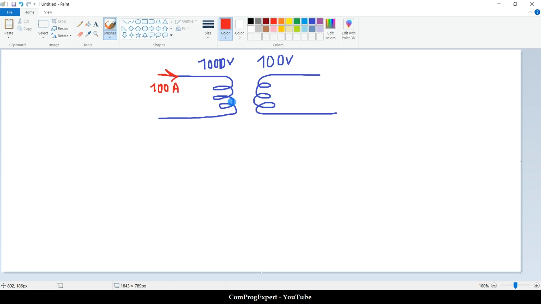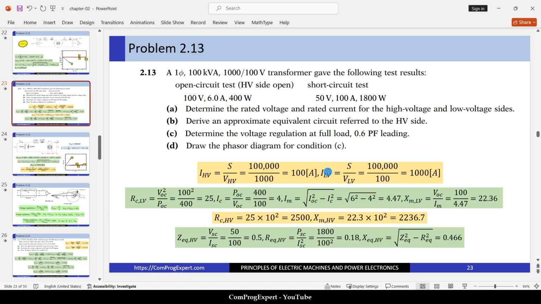What is the value of the current of the low voltage side? The turns ratio is 10 to 1. So this should be equal to 1000 amps, right? So here we have the current of the low voltage side, 100,000 divided by 100, that is equal to 1000 amps.